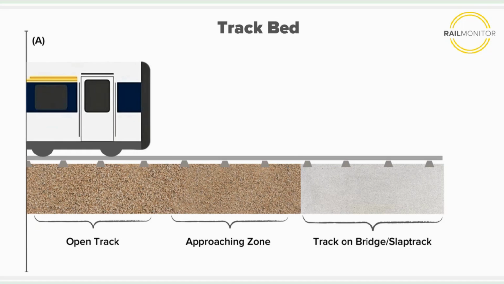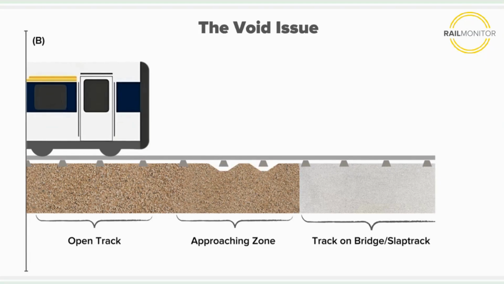And since loads become heavier, train speed increases, and the number of trains also increases, the sleepers are further exposed. So we have what we call void issues.